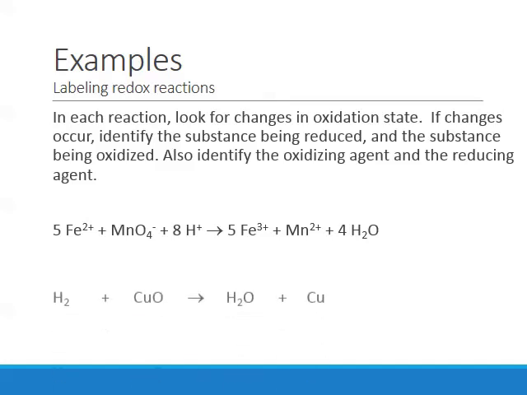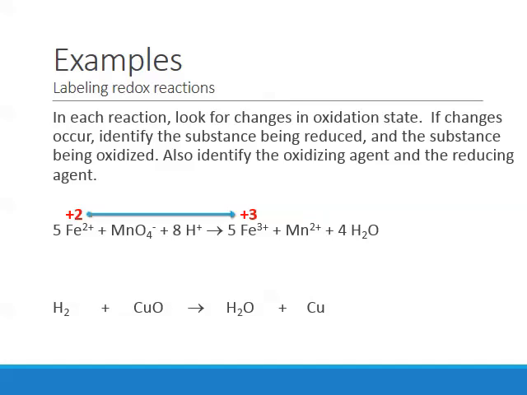All right, did you notice that the iron starts off at +2 and the iron finishes at +3? So there's a change between the two irons. This must be a redox reaction. And as we go from +2 to +3, there's been a loss of 1 electron. So therefore, that's an oxidation process. Fe2+ is being oxidized.